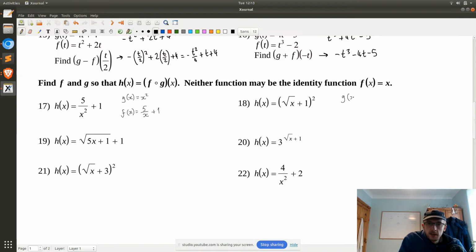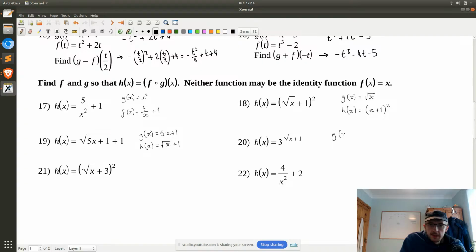Make g of x square root of x, and make h of x x plus 1 all squared. Make g of x this nice linear function right here, and make h of x the square root of x all plus 1.